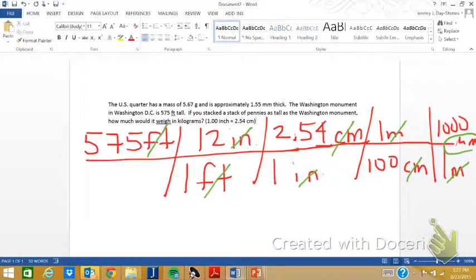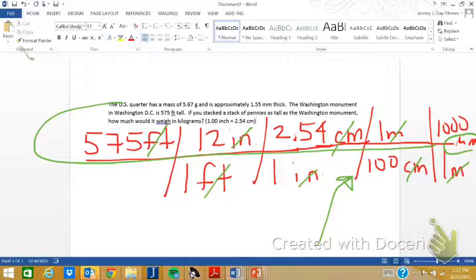So now let's use our trusty calculator. What you do is you multiply everything on the top and you divide by everything on the bottom. If you don't want to skip any steps, which right now I'm trying not to do, we would have 575 times 12 times 2.54 times 1 times 1,000, and you're going to divide by 1, 1, and 1, and by 100.